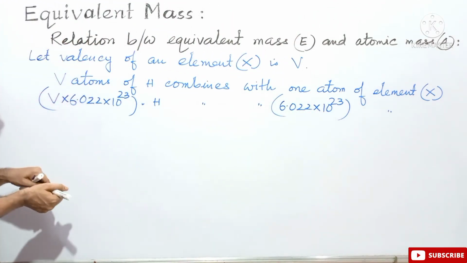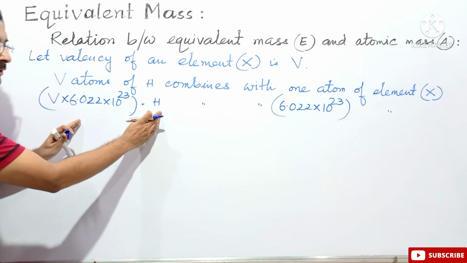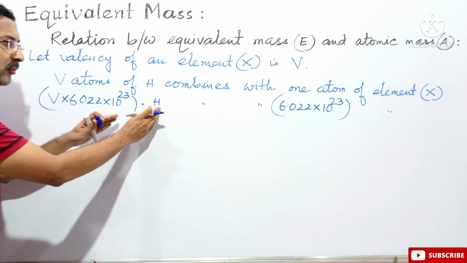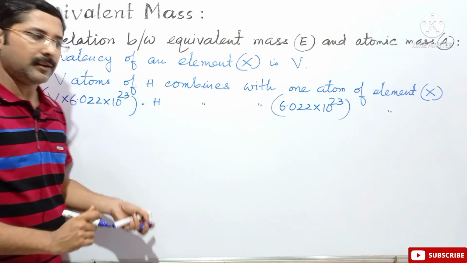Now look, this is the number of atoms of hydrogen. Now the mass of Avogadro number of atoms of hydrogen is the atomic mass of hydrogen.